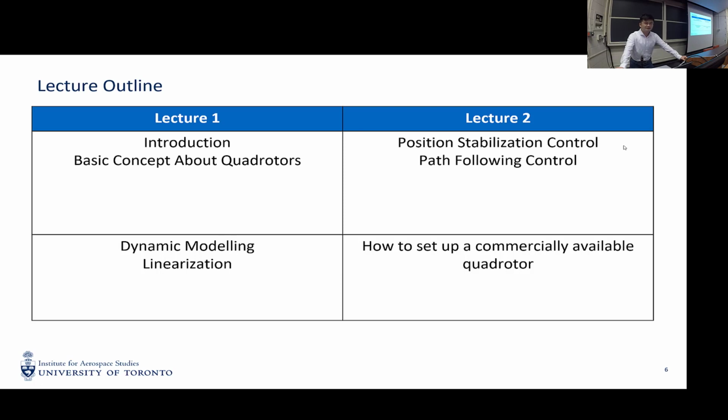In next week's lecture, I will cover position stabilization control as well as path following control. And at the end of the course, I'll give you some ideas about how to set up a commercially available quadrotor, to complete your project. Any questions so far? Good.